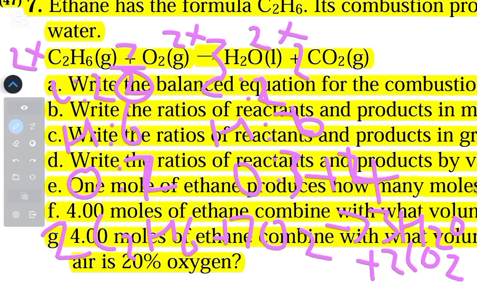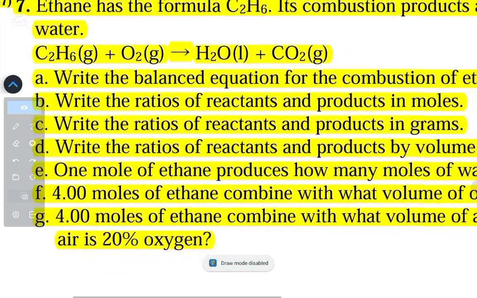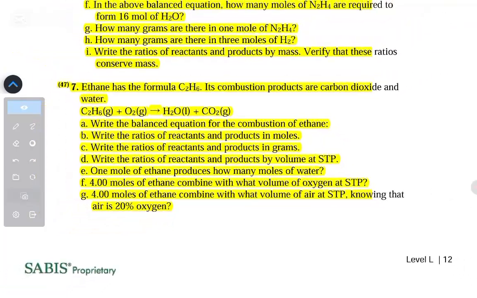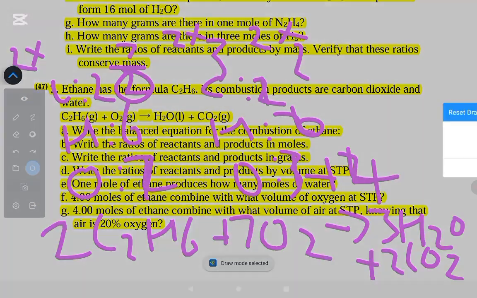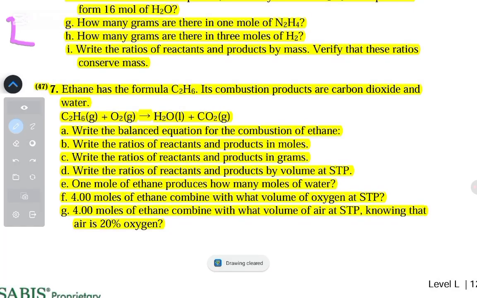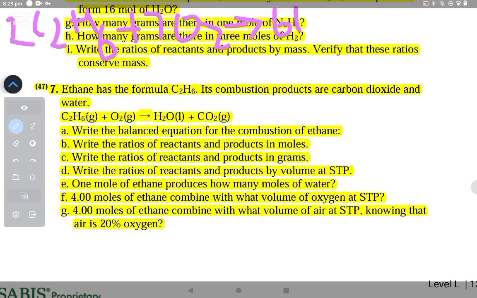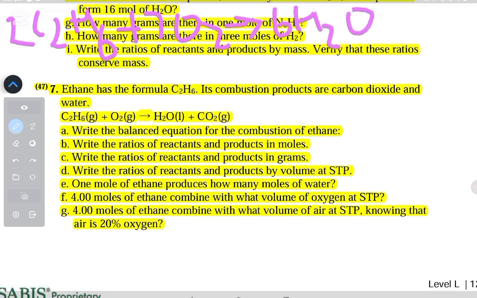Now, write the ratios of reactants and products in moles. Okay, I'm going to write it again. 2C2H6 plus 7O2 gives you 6H2O plus 2 times 2, 4CO2.